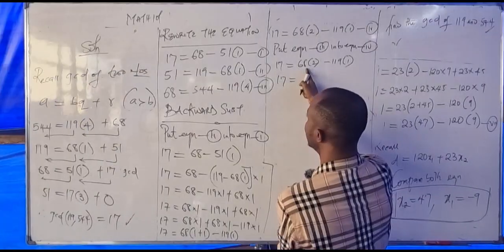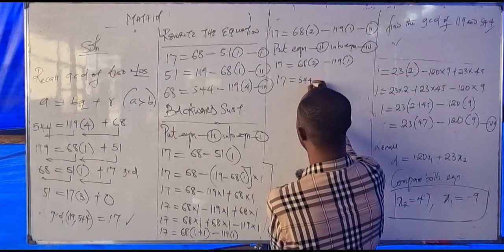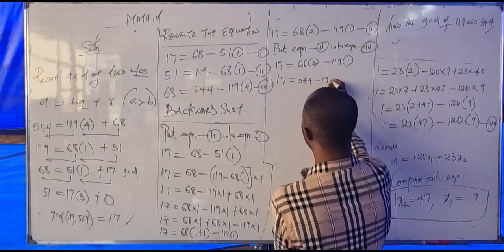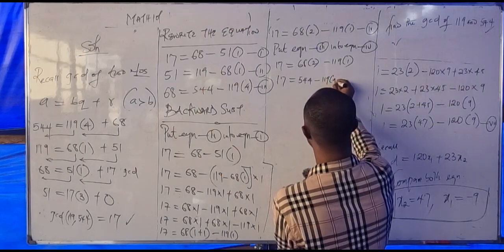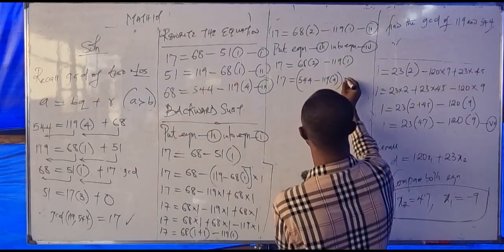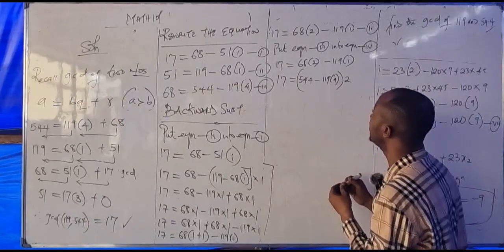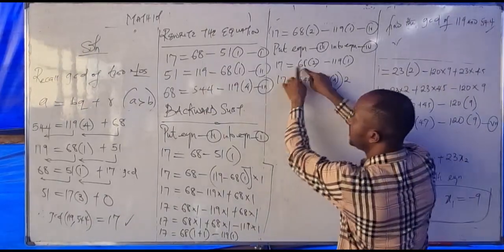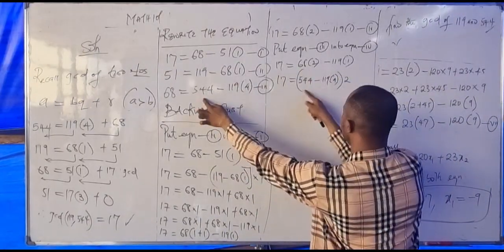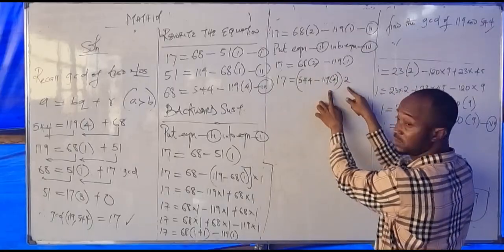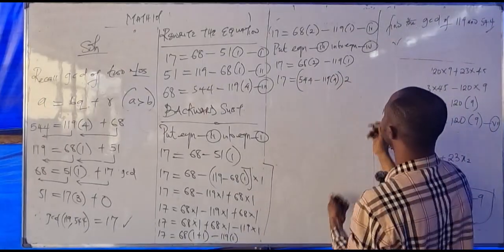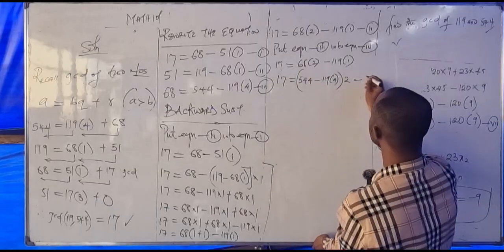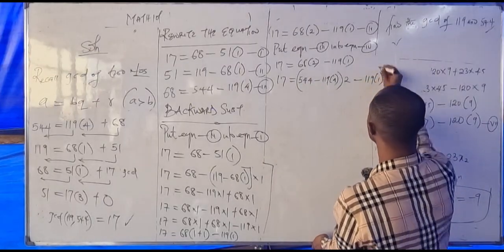What is 68 representing here? 544 minus 119 times 4, all multiplied with 2. This 68 you are seeing here is this. The whole of this here is 68, which is this. Then we still have 2. Is that clear? So let's finish up. Minus 119 times 1.